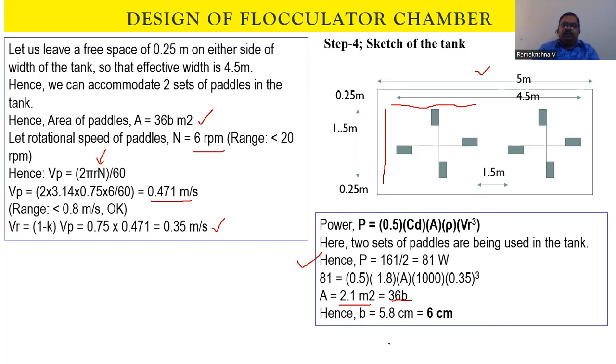That is sufficient. The blade size for each shaft is 9 meters length, 6 centimeters width, right? That's enough for only one blade. If you are having two blades also, you can do similar calculations.